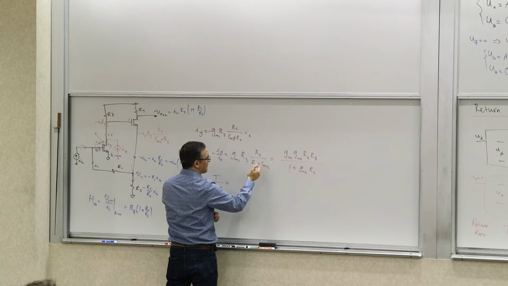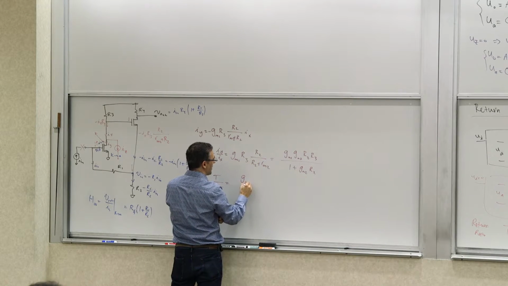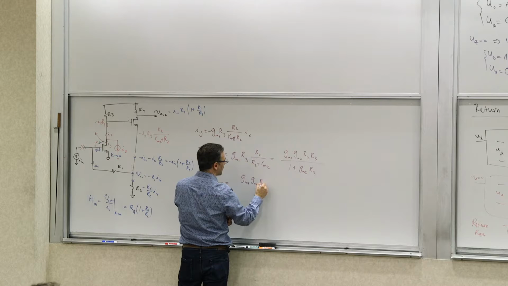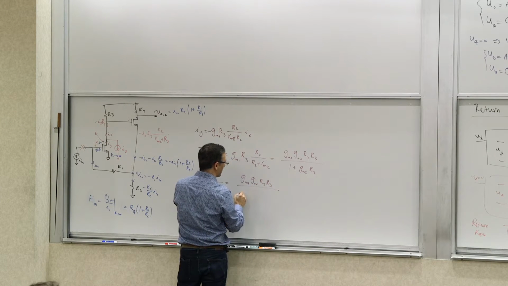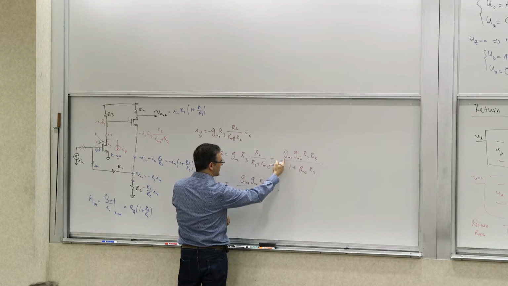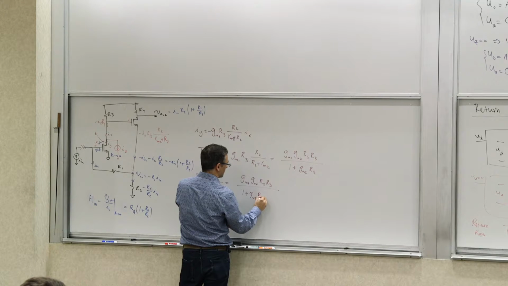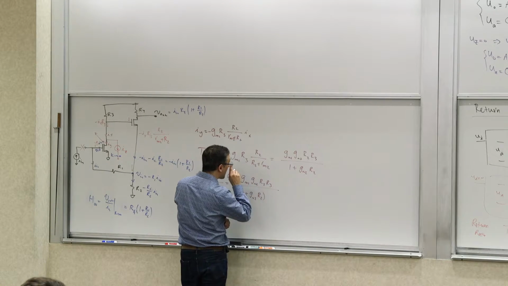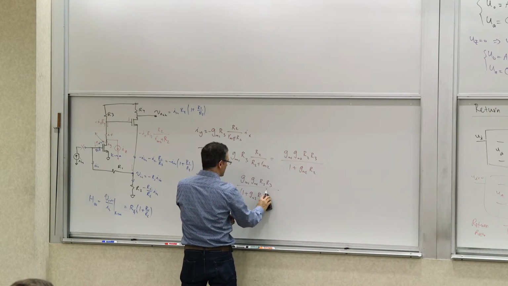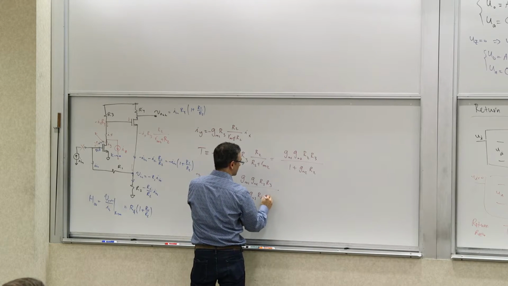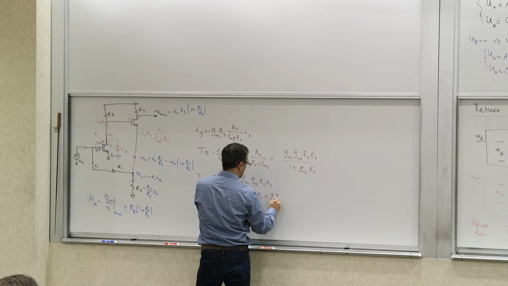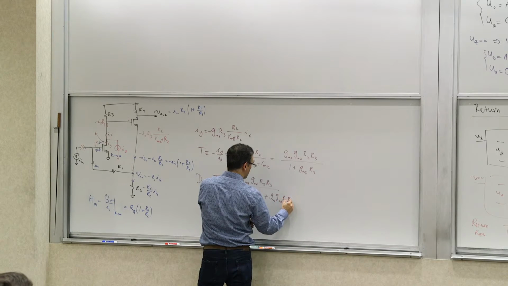And then if you take this and plug it into that equation here, you will get GM1, GM2, R2, R3 divided by 1 plus this times that, right? You get 1 plus GM2 R2 plus GM1, GM2, R2, R3.